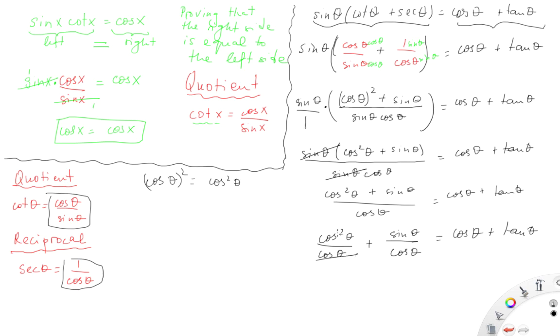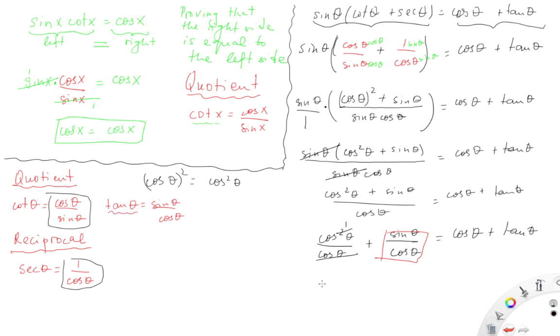Now, these cancel out. I have 1. And I also look at this expression and I can remember that this is a quotient identity, because I know the tangent of theta is sine of theta over cosine of theta. So this over here is equal to tangent of theta.